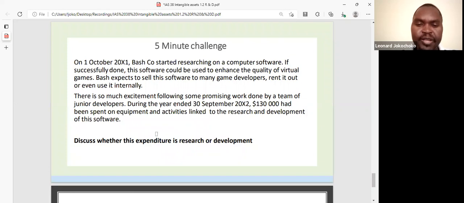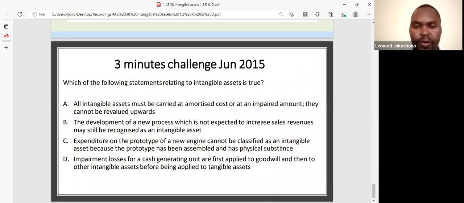The first question which we have here, we have already dealt with it. It was dash carbon, so I'm not going to do it again because I did explain it to you during the class. The other question relates to intangible assets in general. All intangible assets must be carried at amortized cost or an impaired amount. They cannot be revalued upwards.